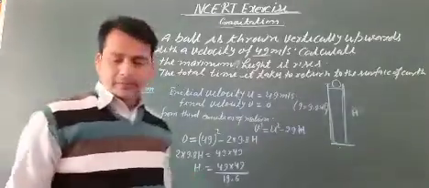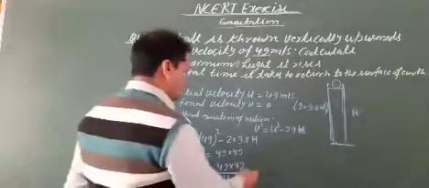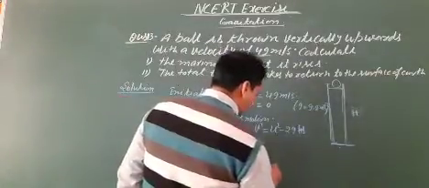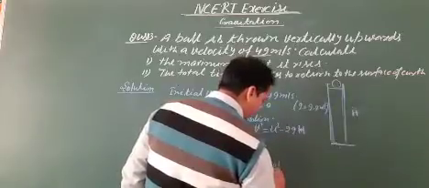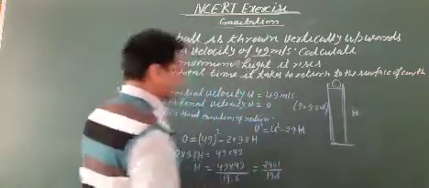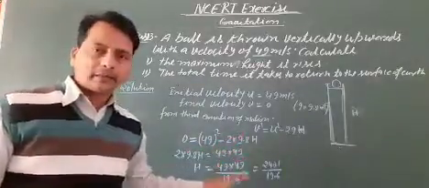Then 49 multiplied by 49 is 2401, by 19.6.